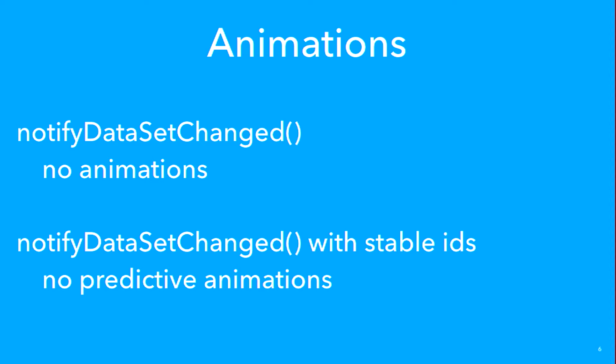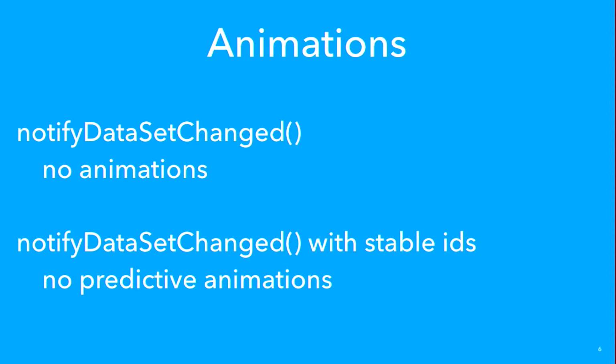For a long time, before DiffUtil came along, when we wanted to calculate all of the inserted, removed, and moved calls, you could call notifyDataSetChanged, and if you overrode in your adapter setHasStableIds and getItemId, which of course returns a unique ID for all of your items in your data set, then you could get animations.